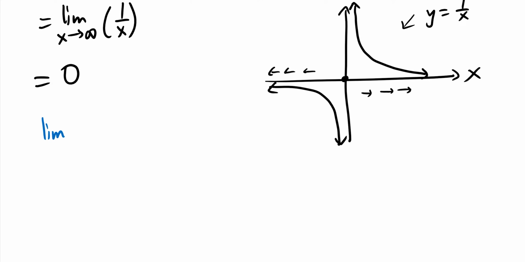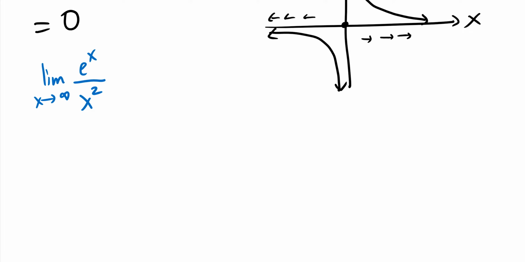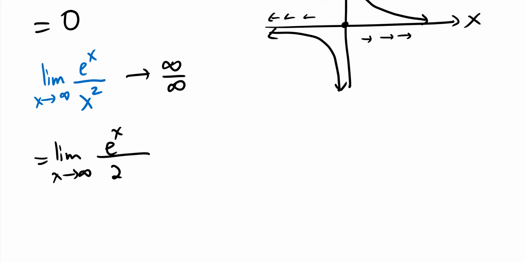Even if I want to take more, let's say e to the x as x approaches infinity over, let's say x squared. I was going to do x, but I changed to x squared. So this goes to infinity over infinity, indeterminate. L'Hopital's rule tells us the derivative of e to the x is e to the x over 2x. Notice if you pass the limit again, that gives infinity over infinity.